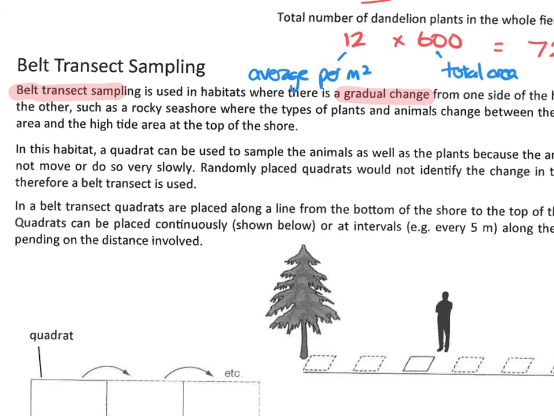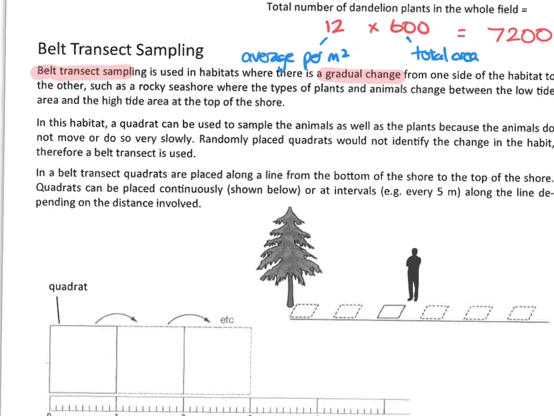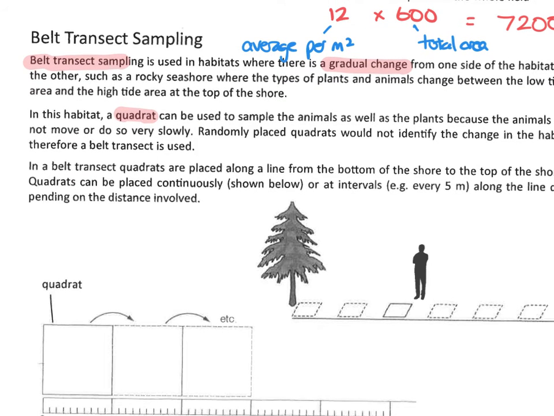So we were looking at a slope there, but equally you could be looking at sampling somewhere like a rocky shore, you're talking about limpets and barnacles, animals that aren't moving around, and so you could sample them using a quadrat.